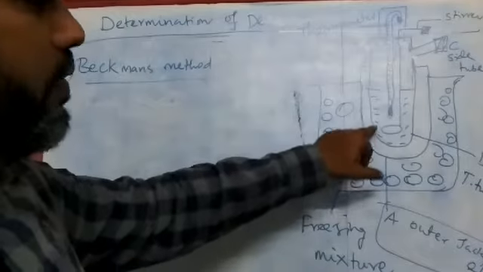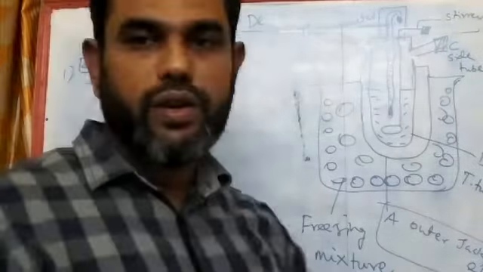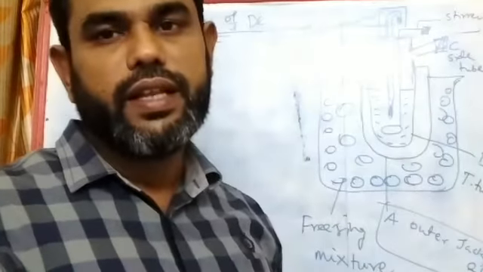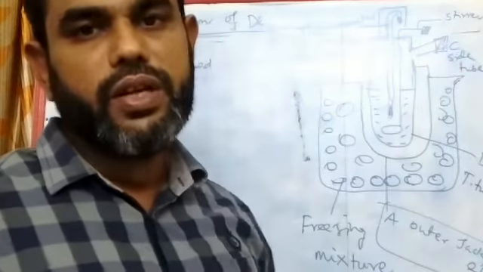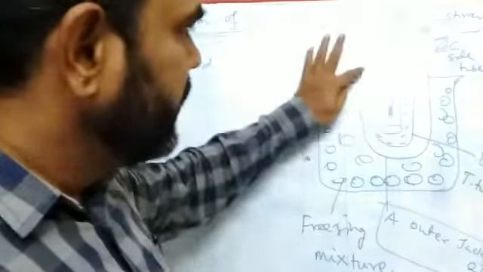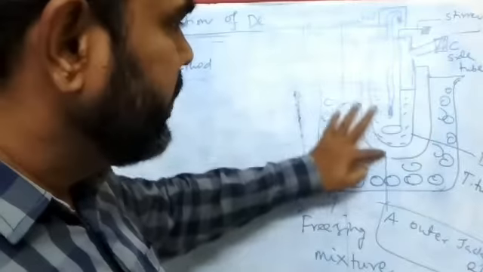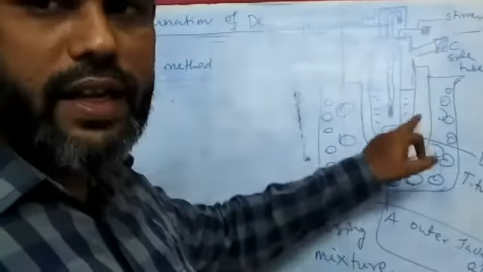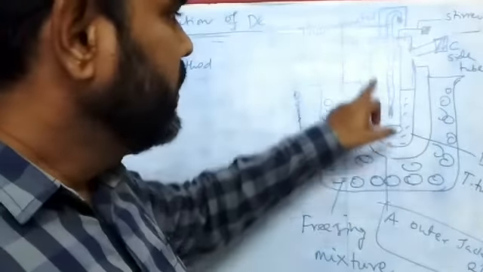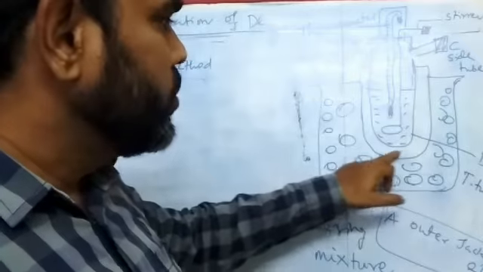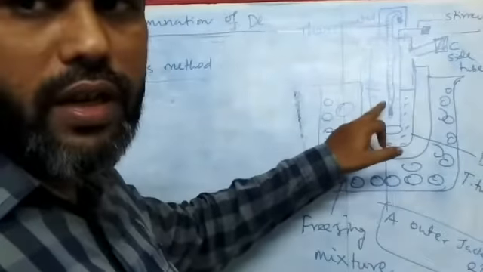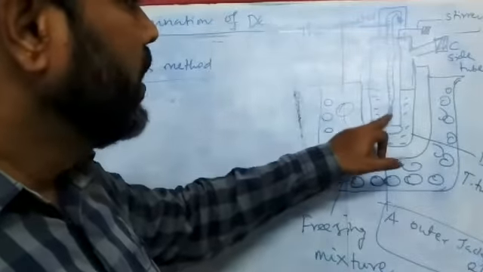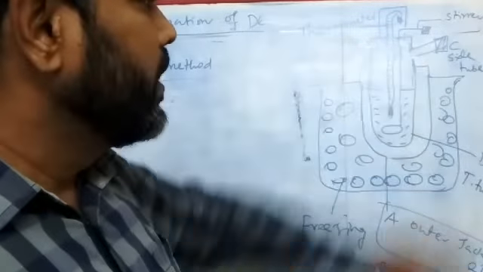Sudden cooling will depress the freezing point to a much greater level than the actual freezing point. So to avoid sudden cooling, there is an air space between the outer jacket and the inner jacket. Then this is the sample tube or test tube in which solvent is taken, and thermometer and stirrer are placed.